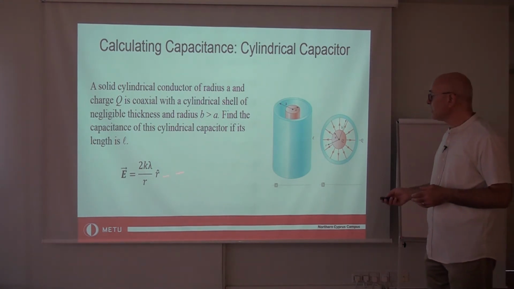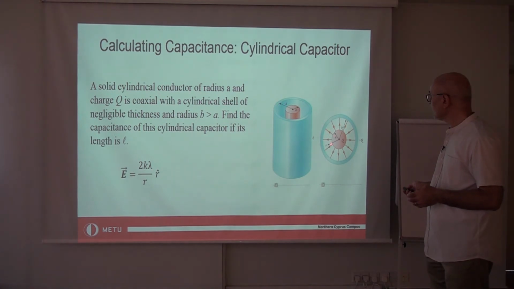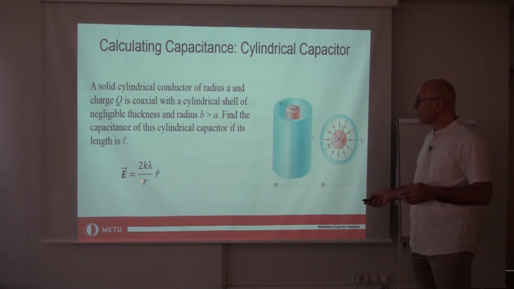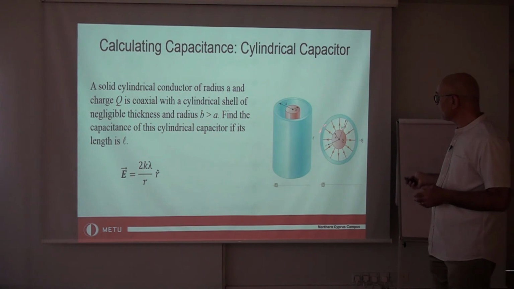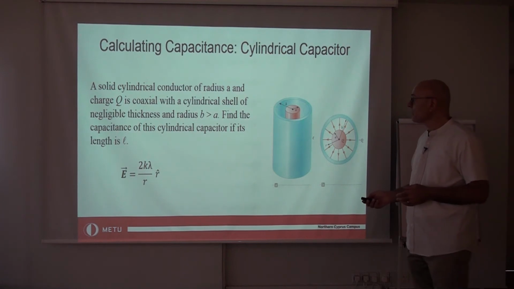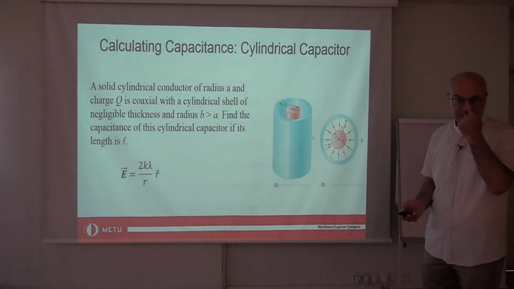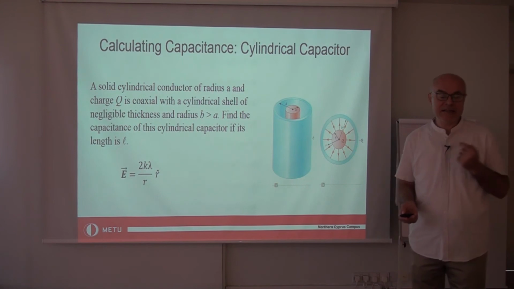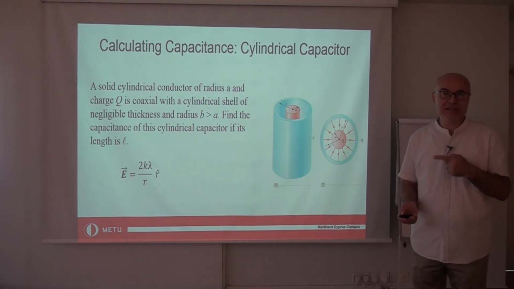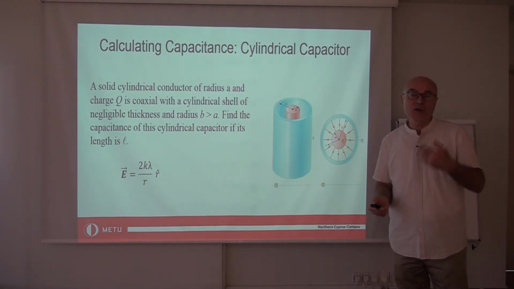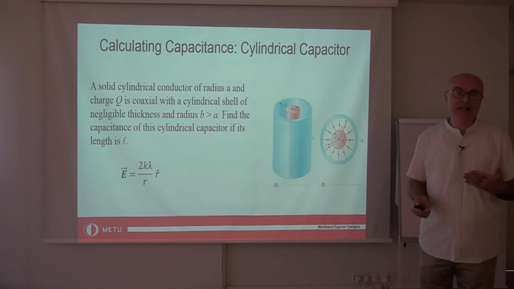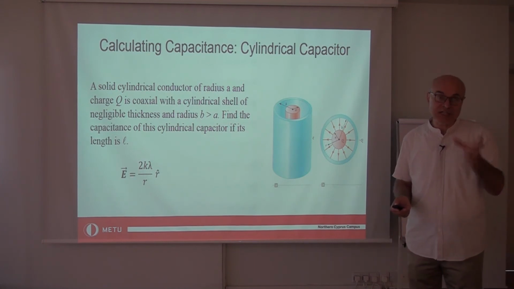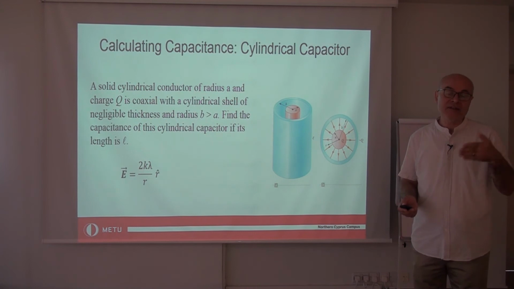The electric field is this, and it's directed radially outward, and as you can see, we have cylindrical symmetry, and it depends only on how far you are from the inner cylinder. Now, in calculating the capacitance of this cylinder, we are actually doing a good exercise in finding the potential when we have the electric field.